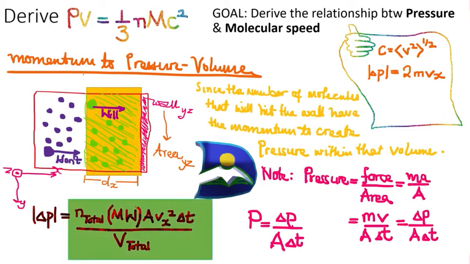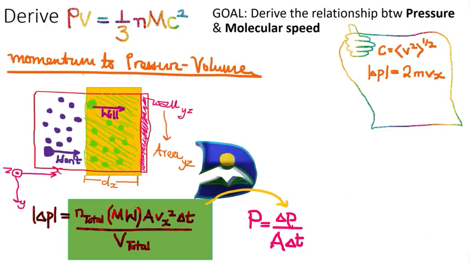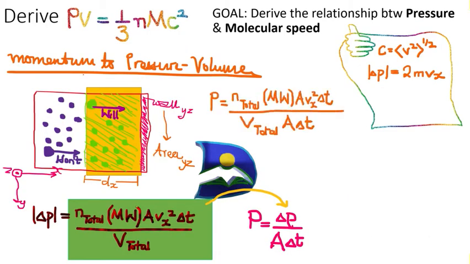So we have to put this into the pressure expression. Therefore, we arrive at our pressure, which is in terms of the total number of moles, the molecular weight, the area, the velocity, the time, and the volume.